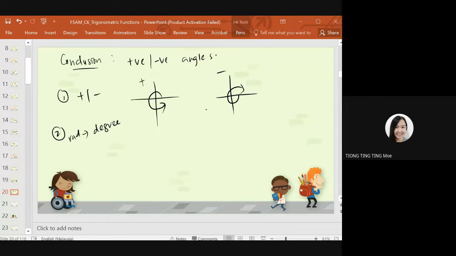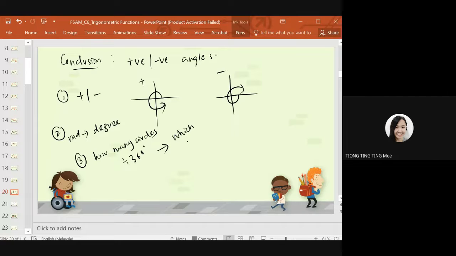For me, change to degree very important lah, because I love degree more than radian. And the third step is, you see how many circles. Kamu bahagi dia lah, divide 360 lah. You will know how many circles. Then after this, you will know where is which quadrant lah.